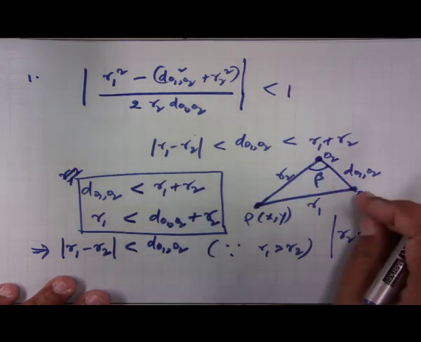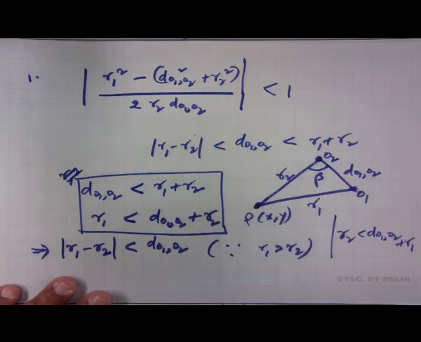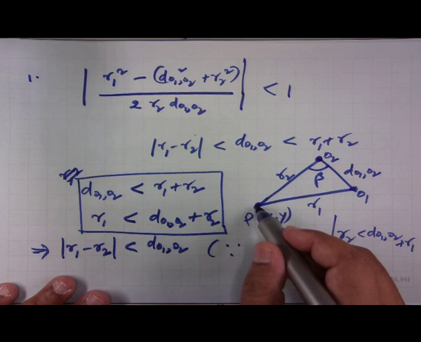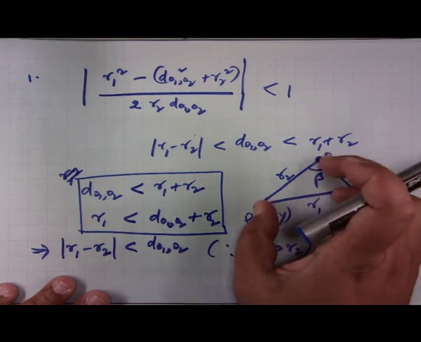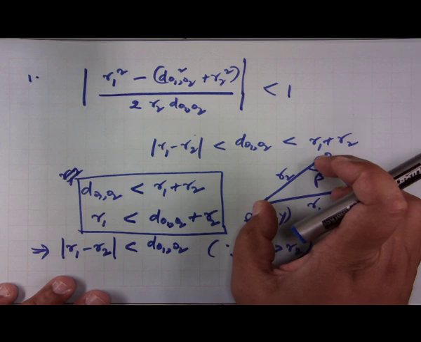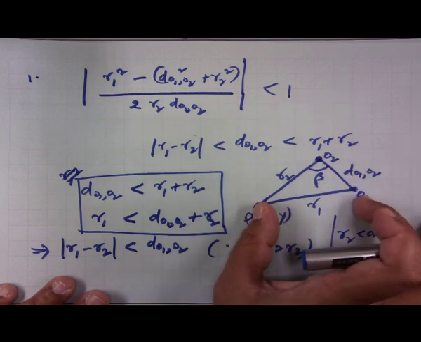So, we choose two of the vertices of this triangle that we are constructing to be O1 and O2. And the third vertex, we can choose it to be a point which is at a distance of R2 from the center of the second circle, and at a distance of R1 from the center of the first circle.